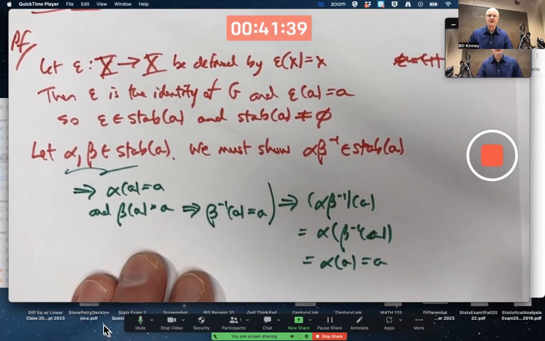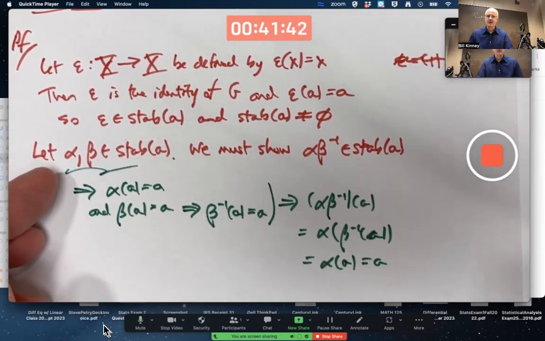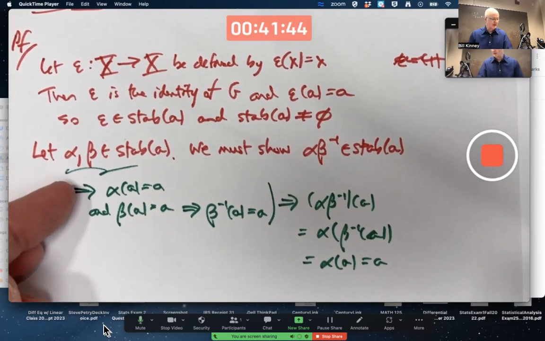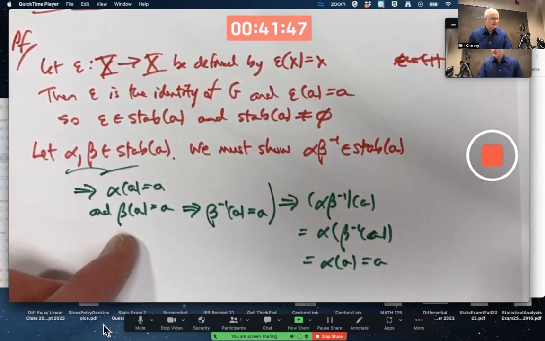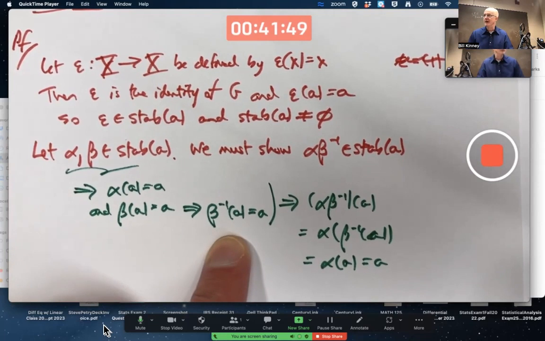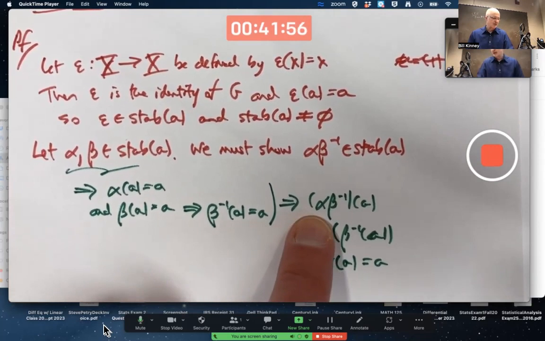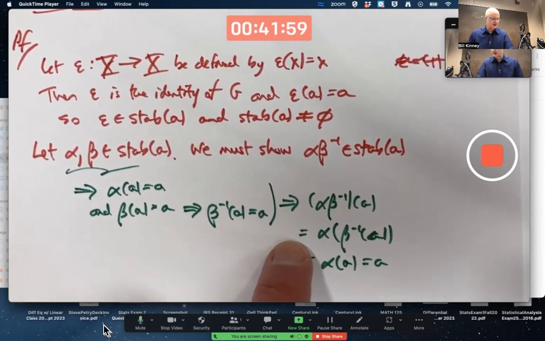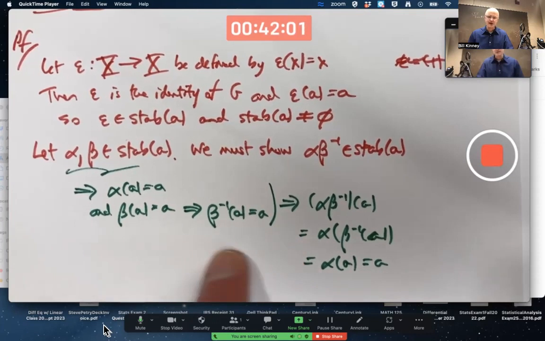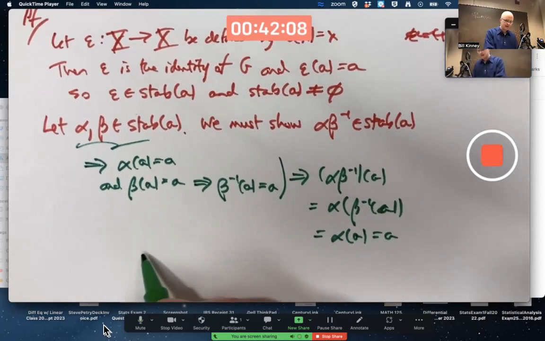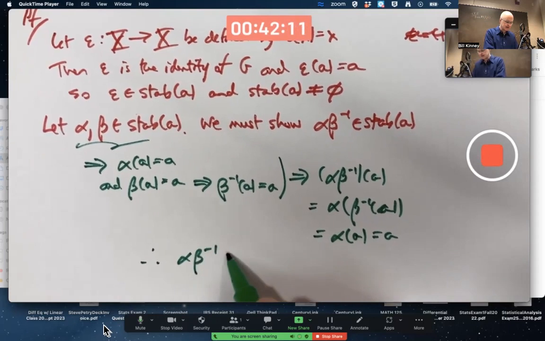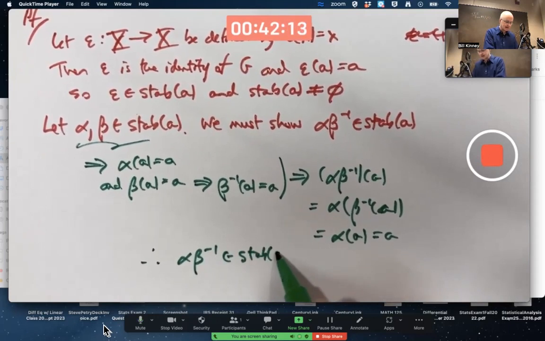This is the heart of what you need to do. Alpha and beta are in the stabilizer. They are functions that map A to itself. Beta mapping A to itself means the inverse of beta maps A to itself. The inverse will exist because beta is a one-to-one and onto function. Compose alpha with beta inverse and plug in A. By definition of composition, you get that, and then use these facts to say alpha composed beta inverse of A is A. Therefore, alpha beta inverse is in the stabilizer, and that does it.